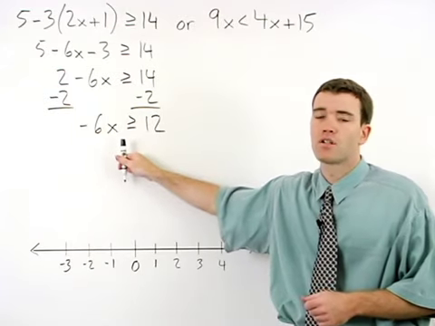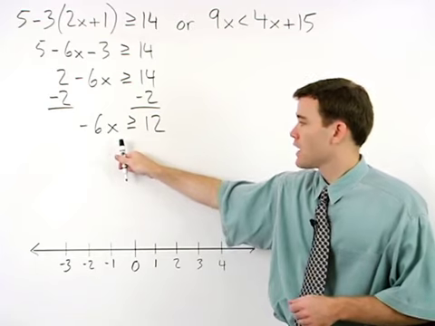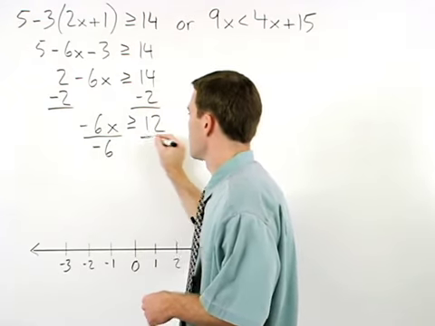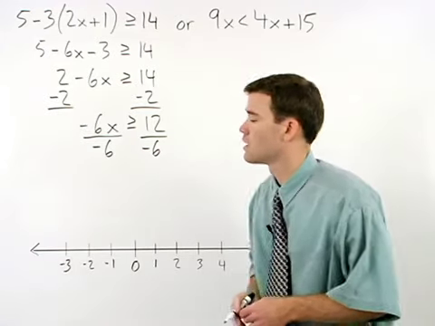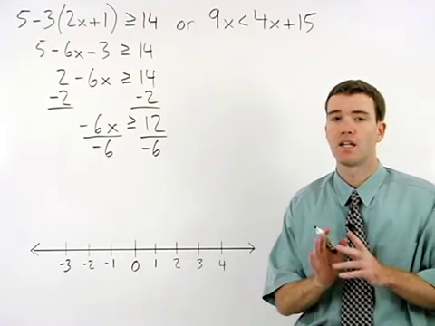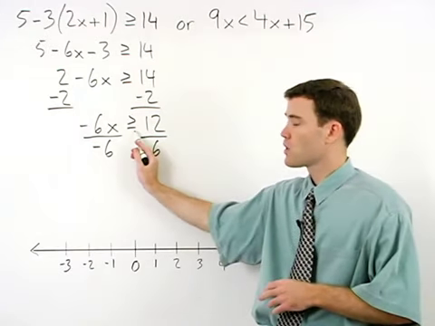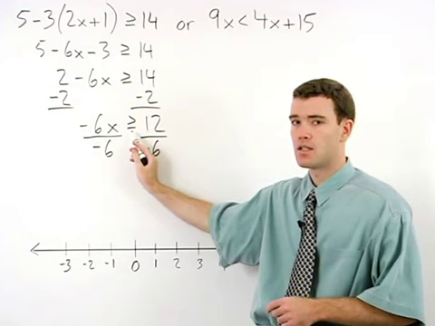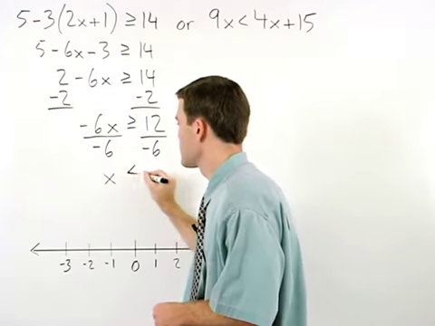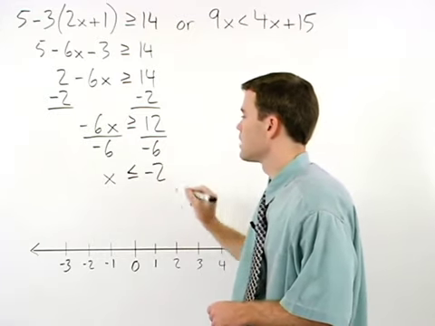But watch out for your last step. To get x by itself, we would divide both sides by -6. But remember, if you divide both sides of an inequality by a negative number, you must switch the direction of the inequality sign. So we have x is less than or equal to -2.